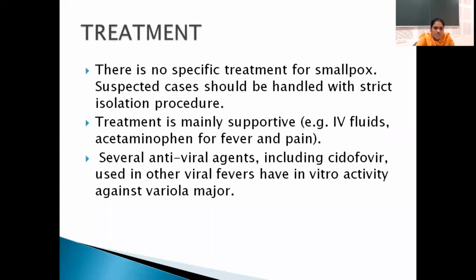The suspected cases should be handled with strict isolation procedures. Only supportive treatment with IV fluids, paracetamol for the fever, and pain relief should be given. So this is smallpox, and it was eradicated around 1972. But the vaccination is present for the prevention of smallpox.